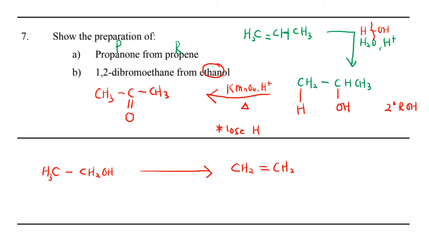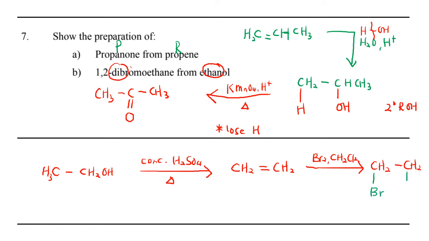For alcohol to become ethene, we need concentrated sulfuric acid and heat. Next, the alkene will react with bromine, Br2. In this case, because it is dibromo, we have to use the solvent CH2Cl2 to produce CH2, single bond, CH2, breaking the double bond and forming 2 new single bonds. Both new single bonds are bonded to Br and Br.